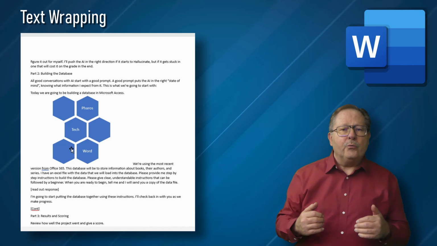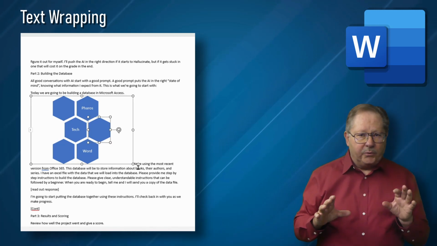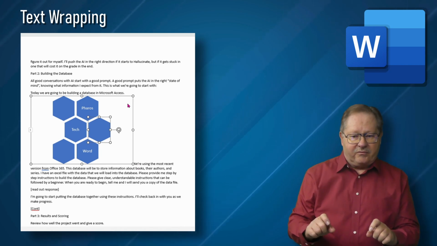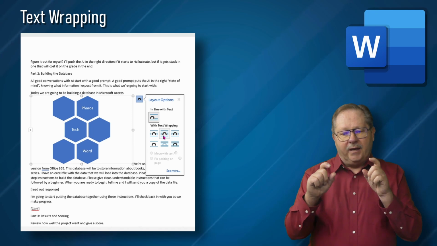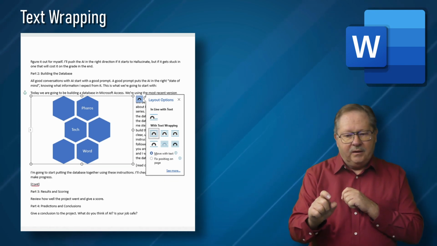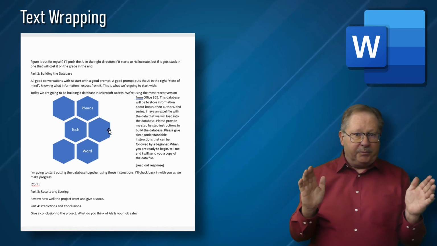I already have an irregular graphic here. And so we're going to take a look, and the irregular graphic is a bunch of pieces of graphics put together in a group. And when I go to this one and I click on text wrapping there, you notice the rectangular one works just like a regular picture.